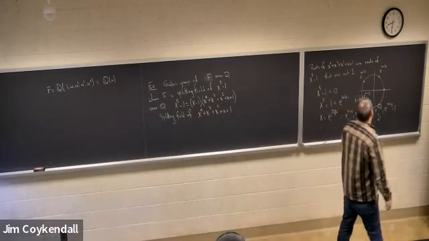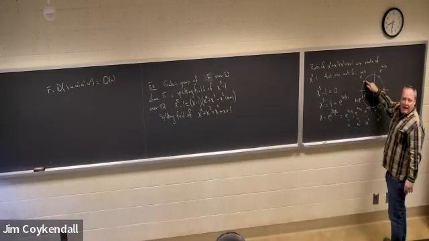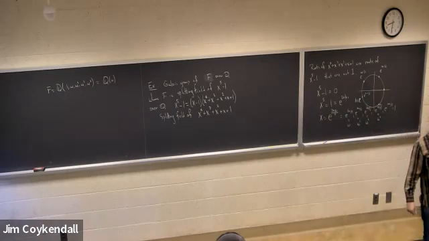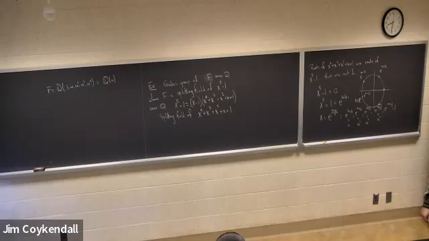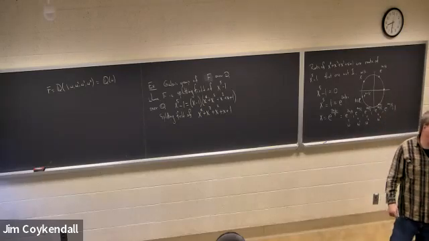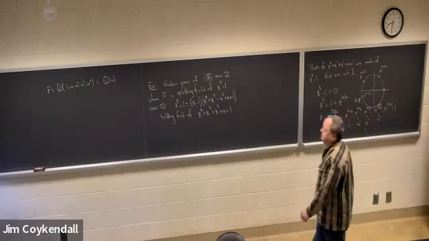In fact, instead of adjoining omega, I could have adjoined omega squared, right? What are the powers of omega squared? Omega squared, omega to the 4, omega to the 6, which is omega, right? And so now I've got omega again. So I'll just stick with omega because it's convenient, but any of them will do except for 1.